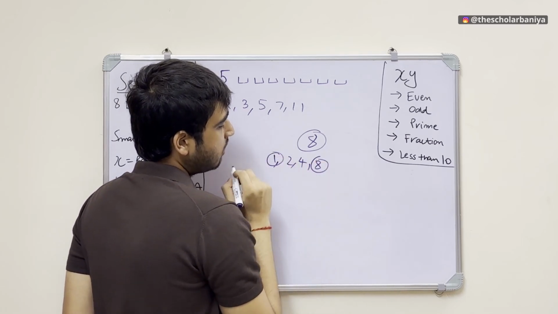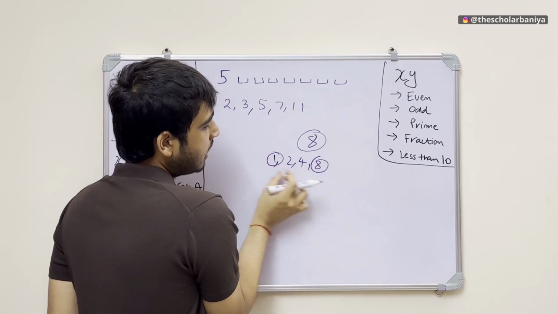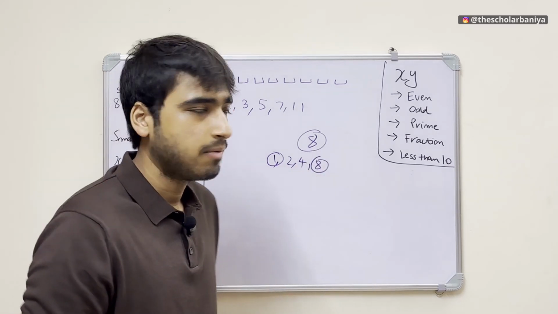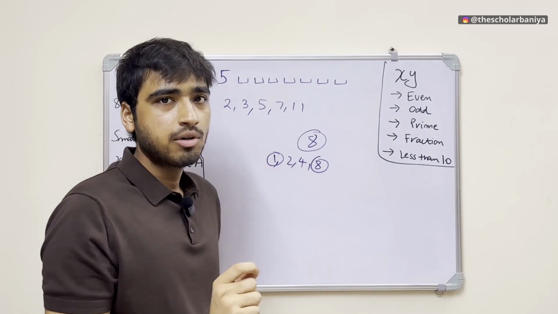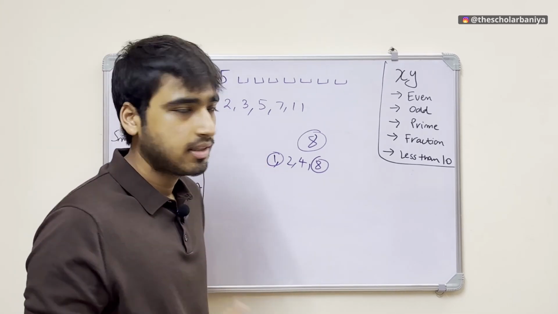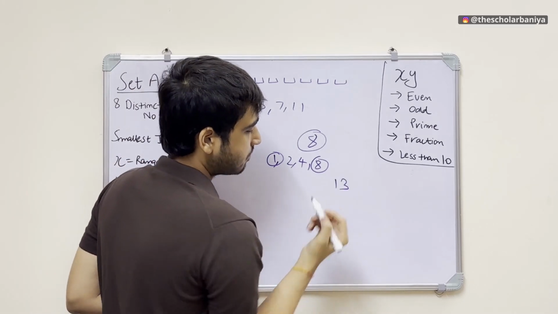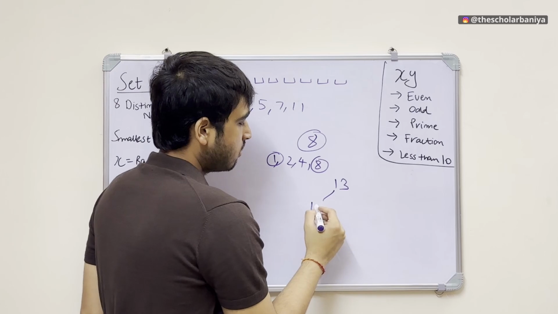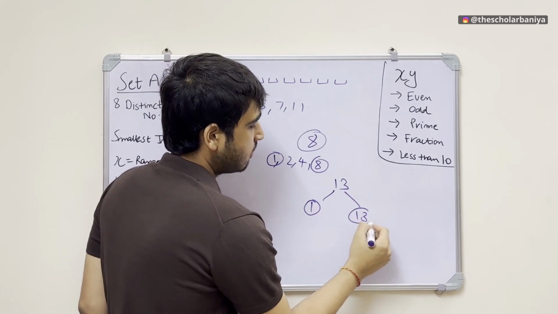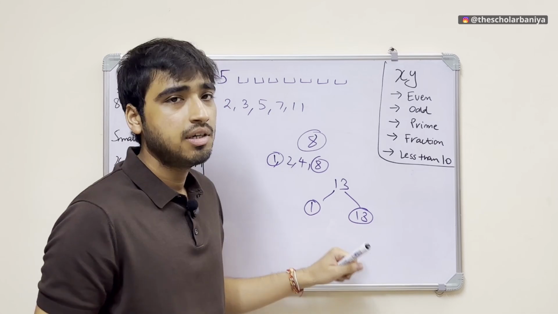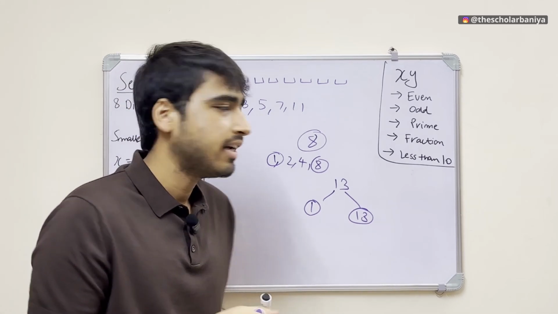These two are always there. But prime numbers are those in which the factors are only 1 and the number itself. For example, 13. The factors of 13 are 1 and 13. There are no other factors, so these are called prime numbers.